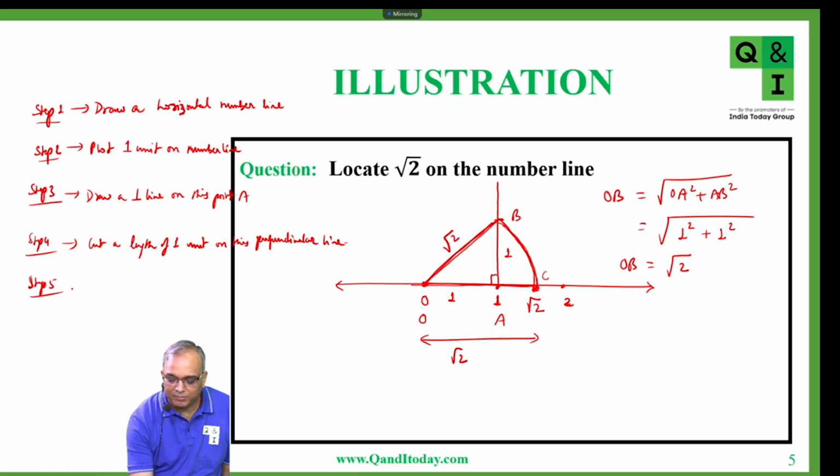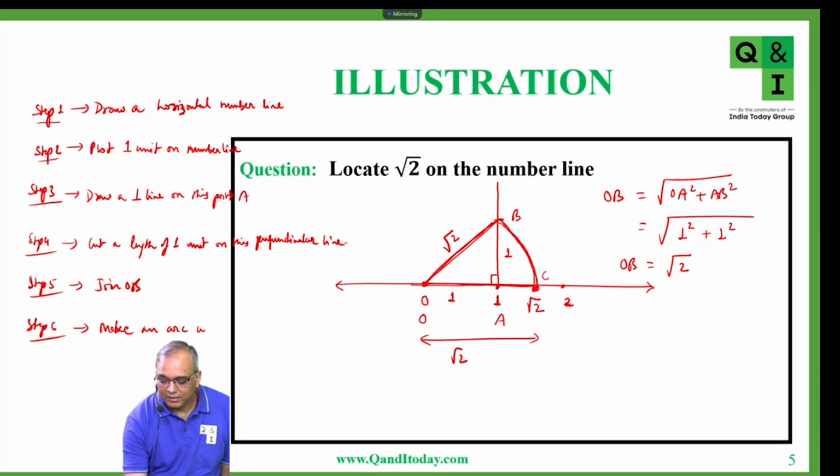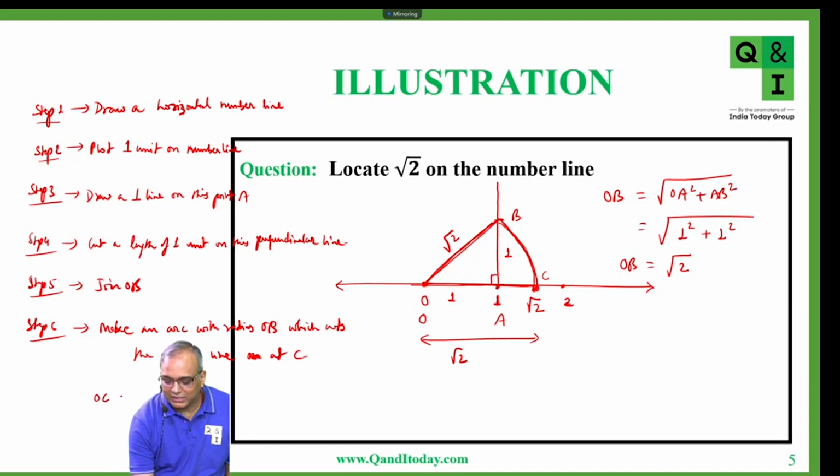Step 5 would be to join OB, and step 6 is make an arc with radius OB which cuts the number line at C. So OC is root 2 in this case.